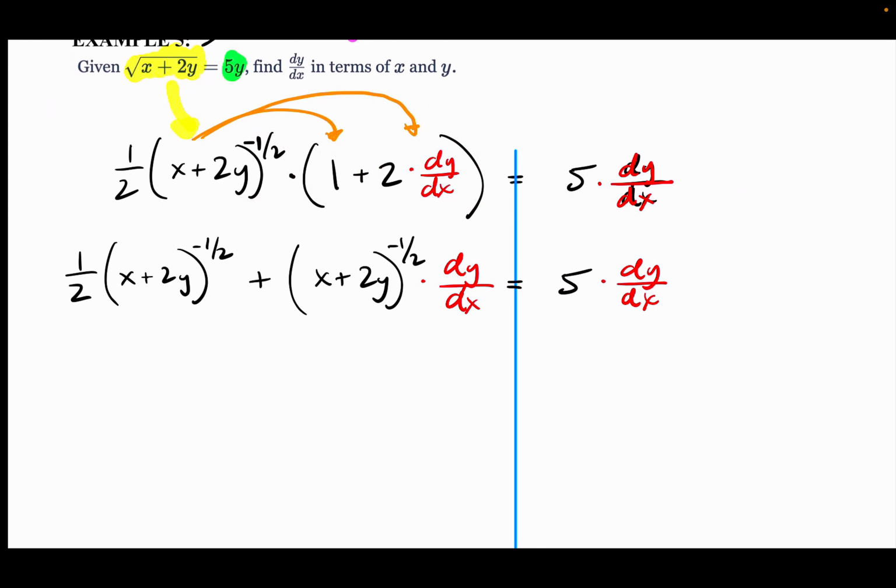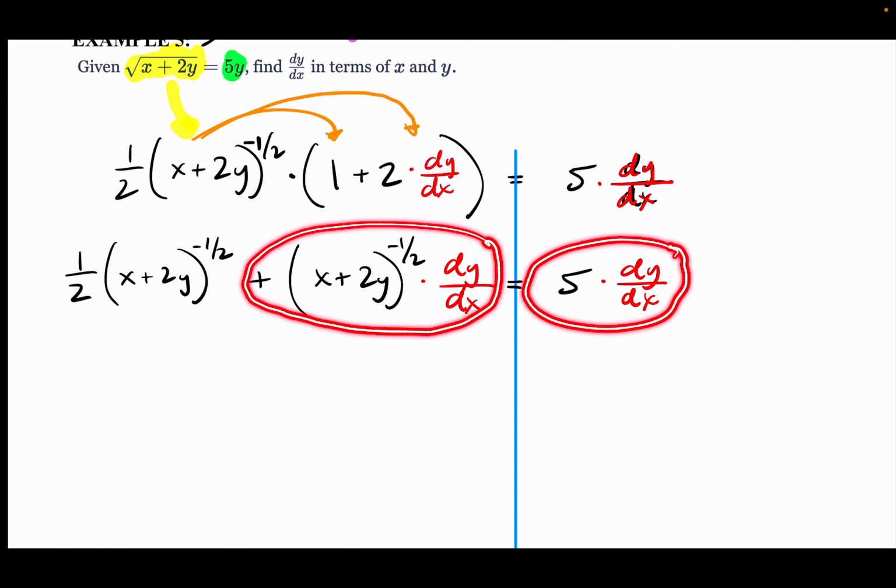The other side stays the same because I haven't done anything with the other side. Okay. This term right here and this term right here have dy dx's. I need them on the same side of the blue line. So I'm going to move this guy over here. To do that, how do I do that? Add, subtract, multiply, or divide? Subtract, yeah.